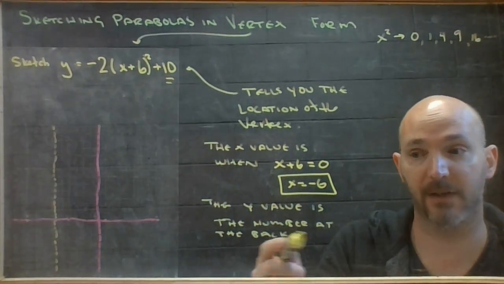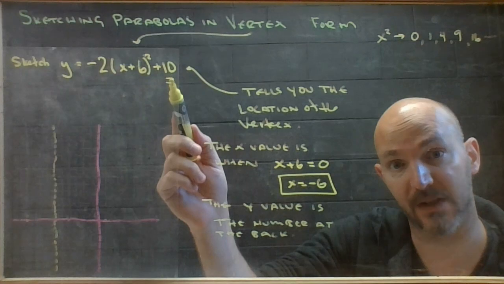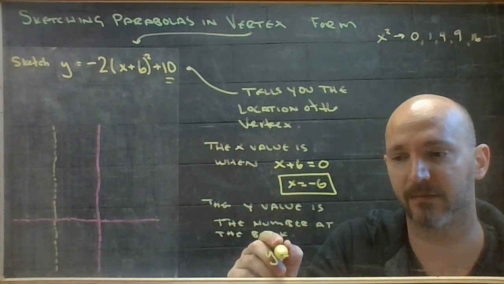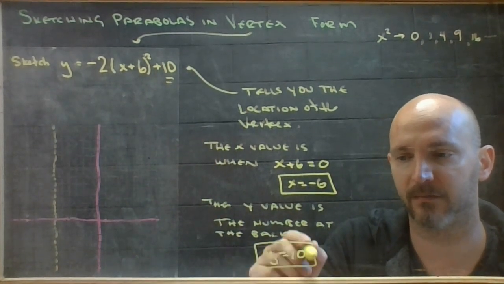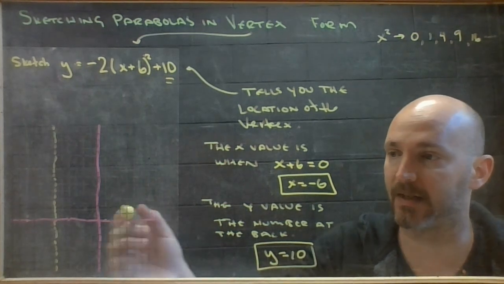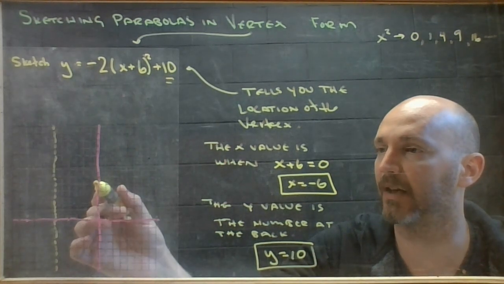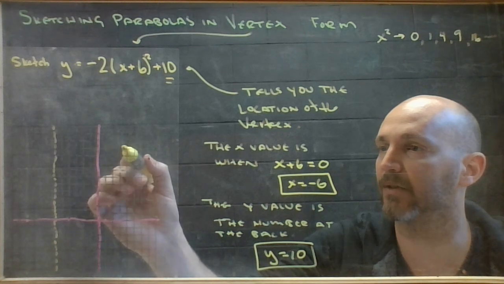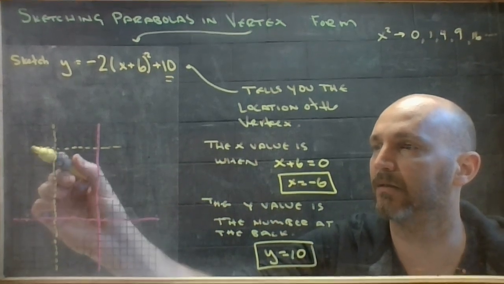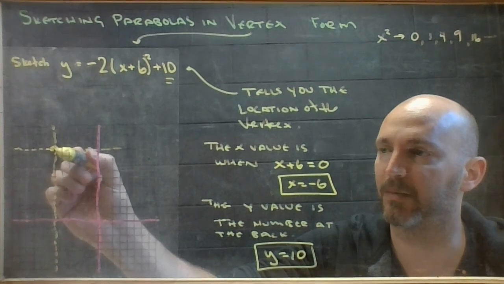The y value is that number at the back, so it's 10 for this one. So I find 10, draw a dashed line there. My vertex will be here.